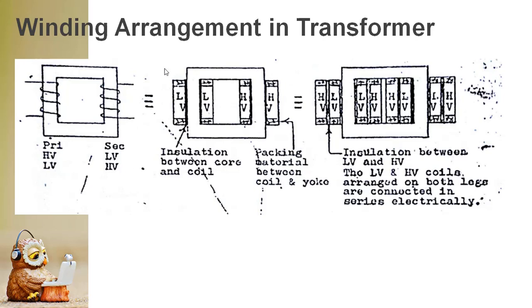Clear? So the elevation of the same will be like this. For one limb I will be having LV winding. For the other limb I will be having an HV winding. Clear?